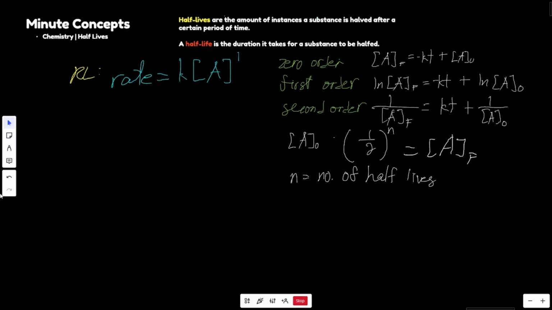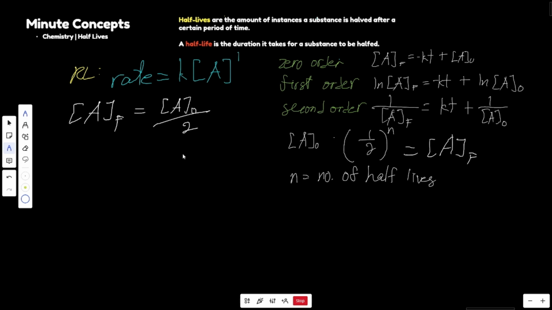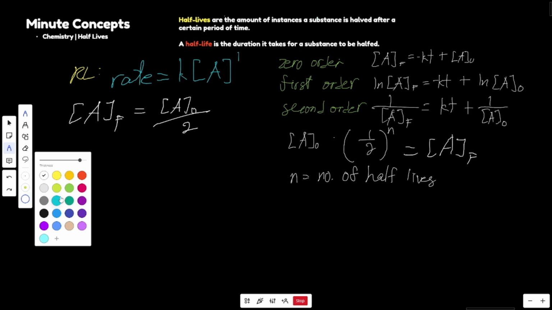But essentially, it's just deriving or further simplifying all of these in terms of t when the final concentration is equal to the initial concentration over 2. So in other words, if you substitute the final concentration using this term into all of these equations, you can simplify it in terms of t to get our half-life rate laws. And doing that, we would actually get the following.